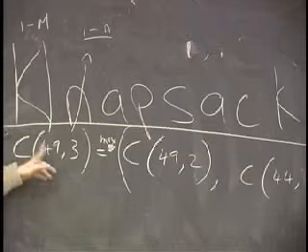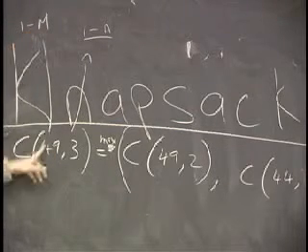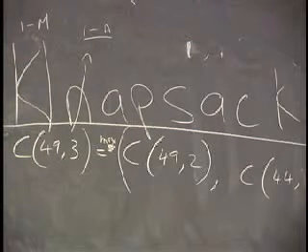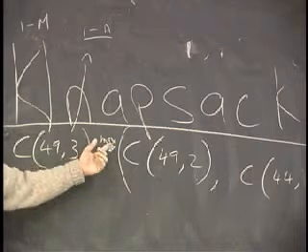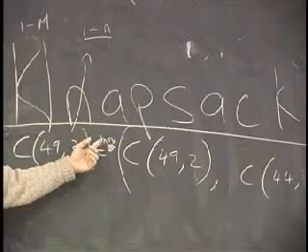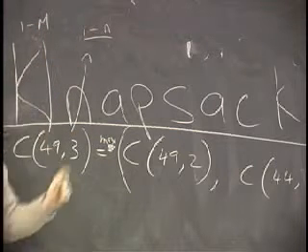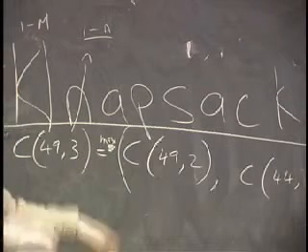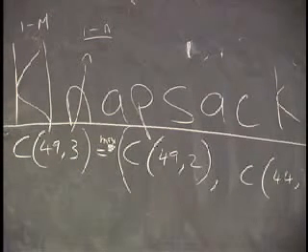So if the size of your knapsack is 49, call that M, then this number ranges up to capital M. And if the number of objects you have is little n, then this algorithm can be done. This is only a maximum calculation, so every step is constant time. It can be done in capital M times small n. And that's, what's that? Starting at the bottom. If you start with the base cases and work your way up to C of 49, 3.